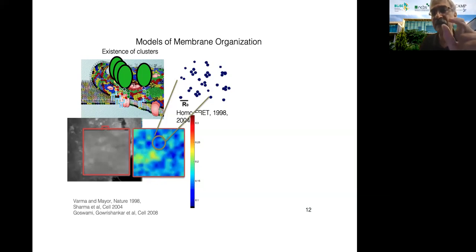And to our surprise, when we made these measurements now, more than 20 years ago, we found that there were very tiny little clusters of GPI anchored proteins that were contributing to this lowered anisotropy in these patches.